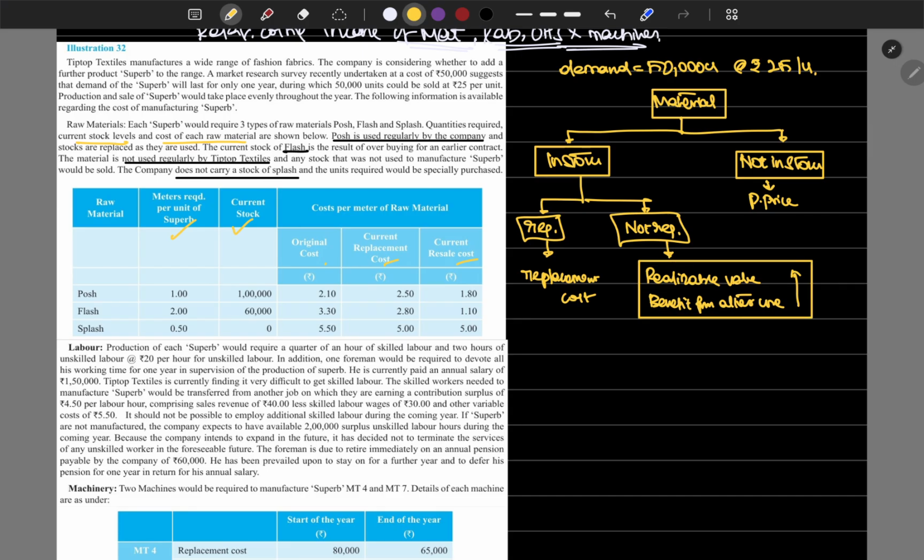So whichever is higher will be our consideration for relevant cost. We got the logic ready in the flow chart. Now we can proceed with the question.